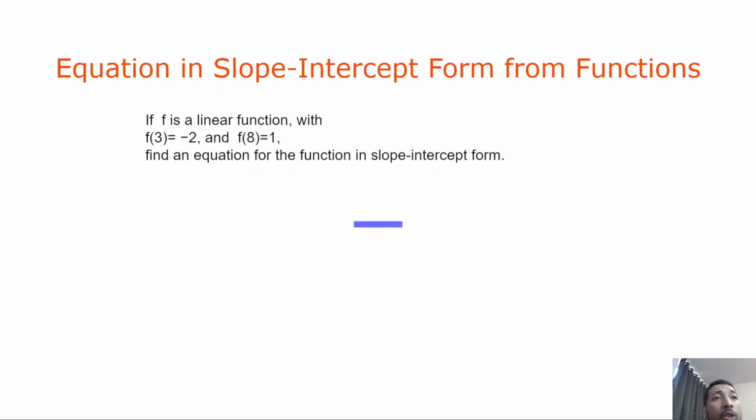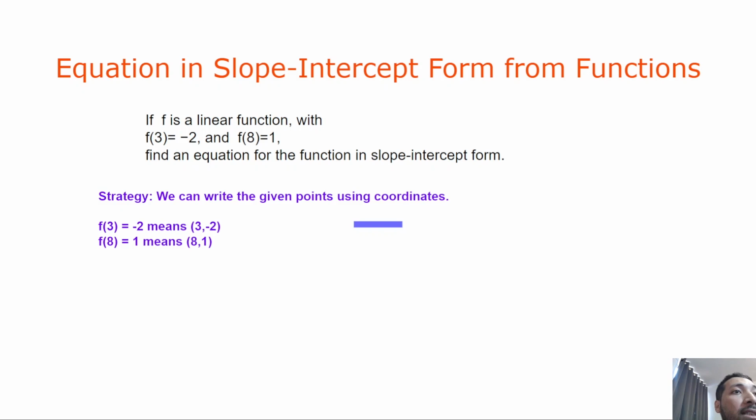Since we have a linear function, we'll need to get the coordinates from this function. So the strategy over here is we can write the given points using coordinates. F of 3 equals -2 means the input value is 3 and the output is -2. So we have 3, -2. And for f of 8 equals 1, we have the input as 8 and the output is 1.